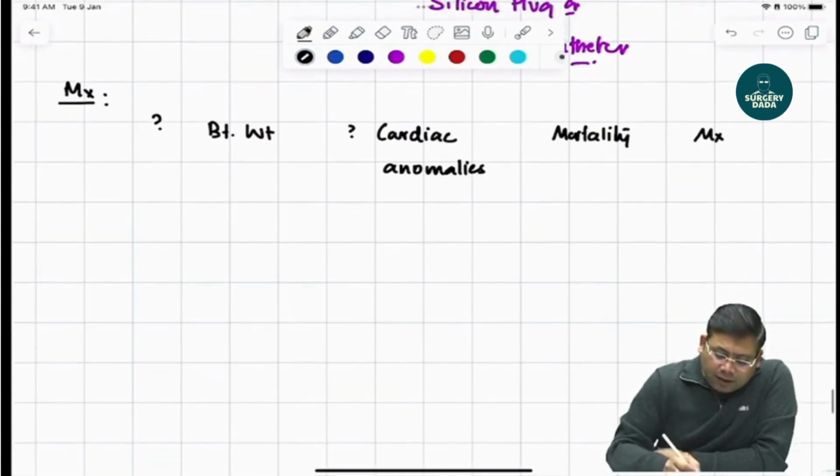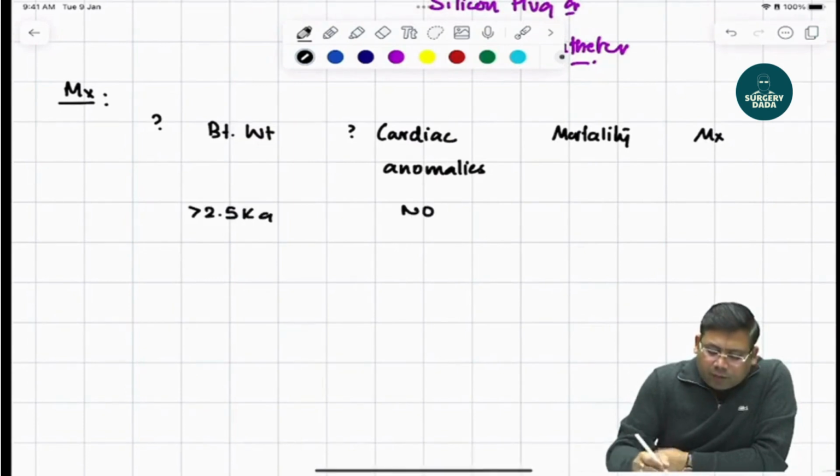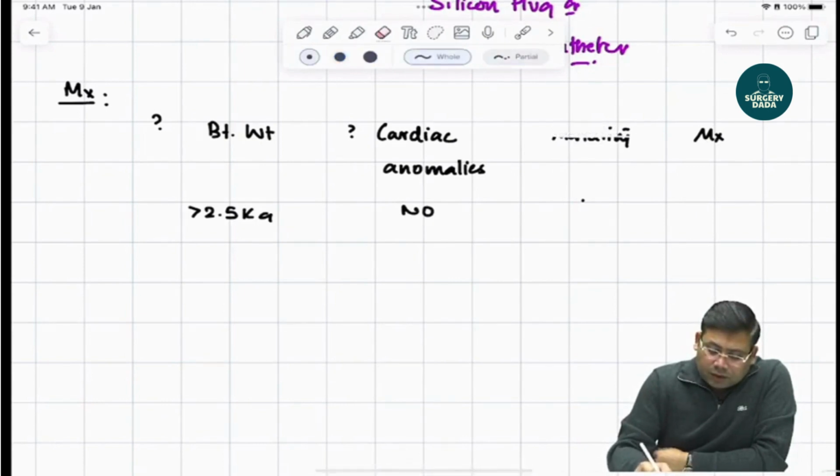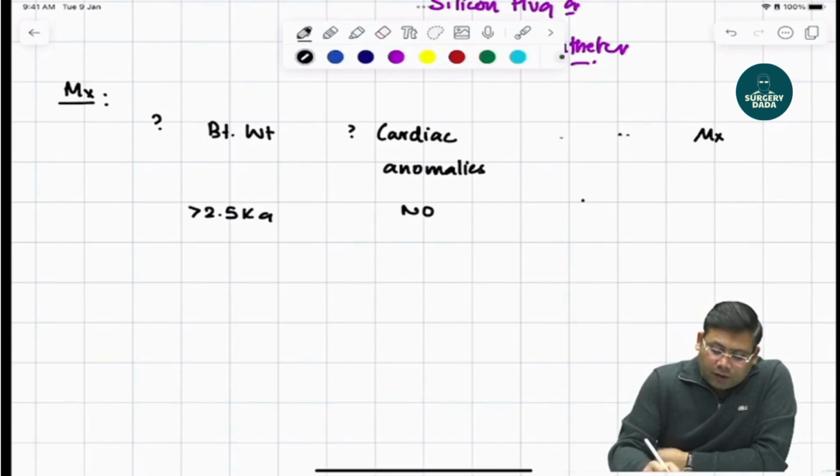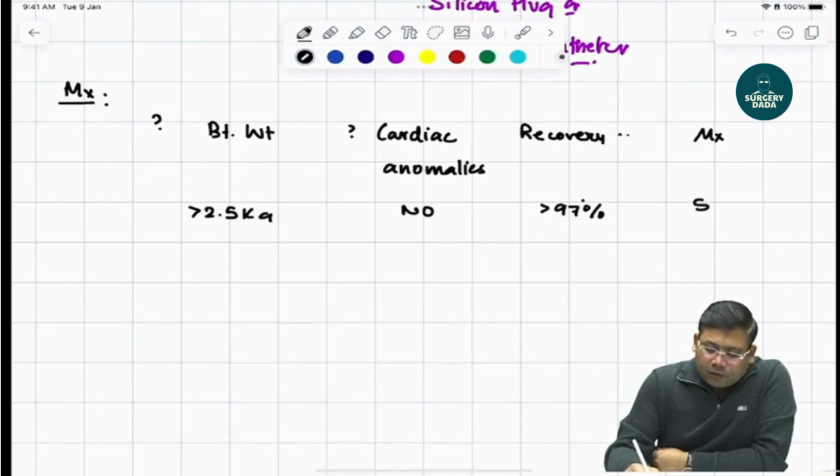If the birth weight is more than 2.5 kg and there are no cardiac anomalies, the chances of survival, I will say the prognosis or the recovery rate, is more than 97%, and therefore definite surgery is the call for this.